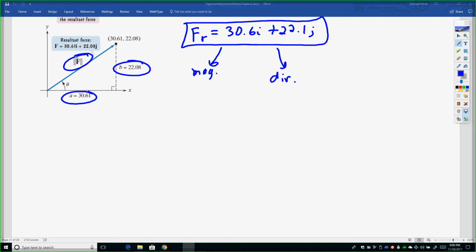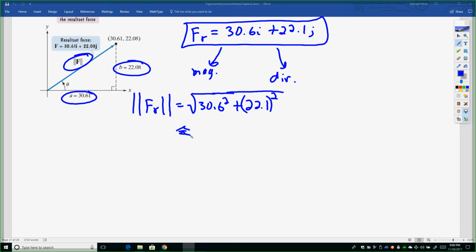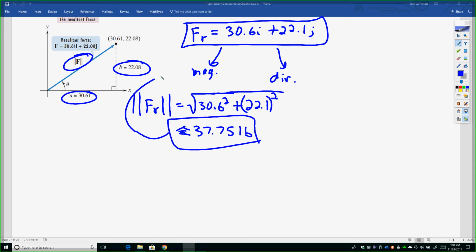So that's the Pythagorean theorem or distance formula, which is the same thing, right? So the resultant magnitude is 30.6 squared plus 22.1 squared. I'll keep the numbers from my problem, not the diagram. That's how I rounded. So I get approximately 37.75 pounds. Okay, so that's our first answer.